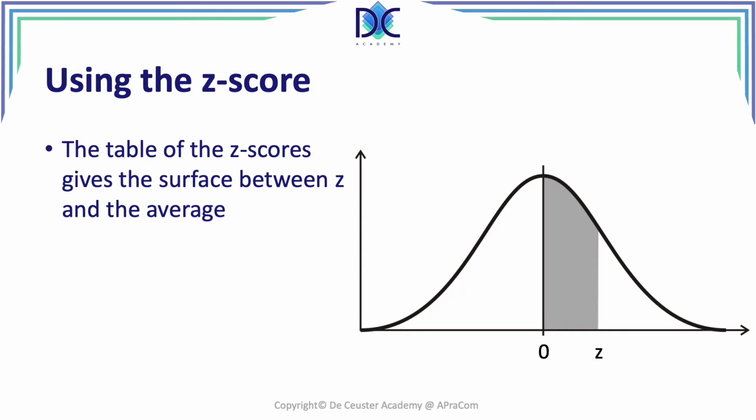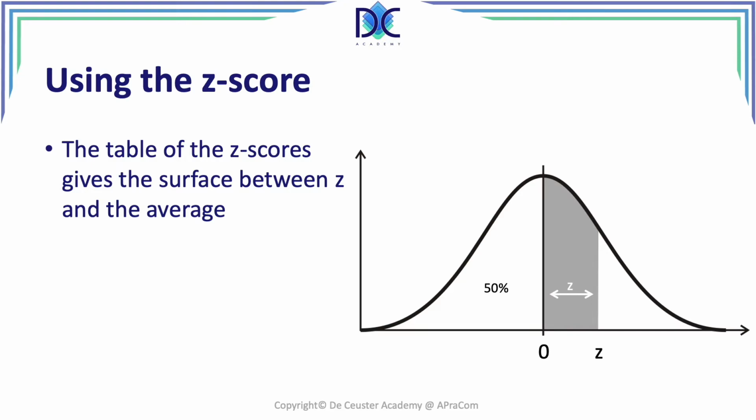In that case the percentage is equal to 0, and that's what is represented here. But there is a different type of table, a standardized normal table that we can use, which has also that 50% included.